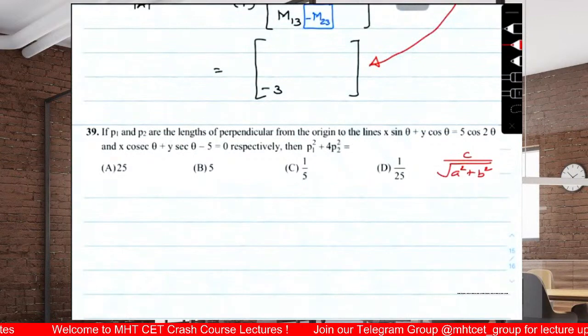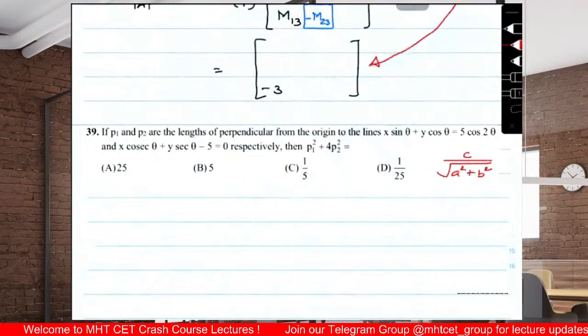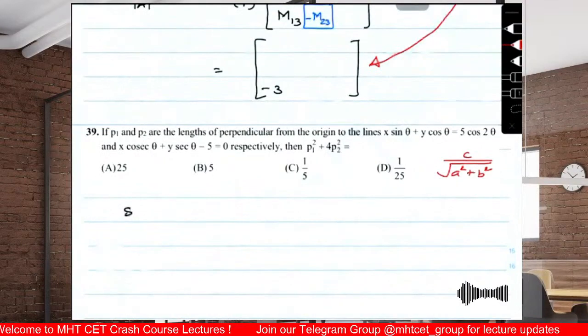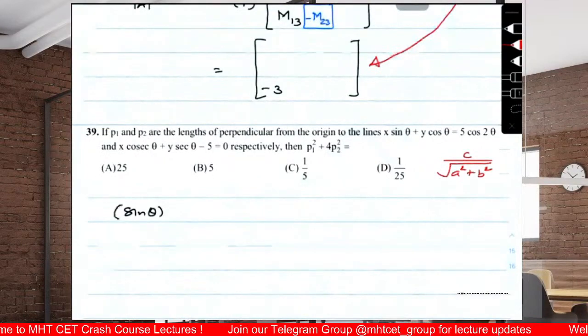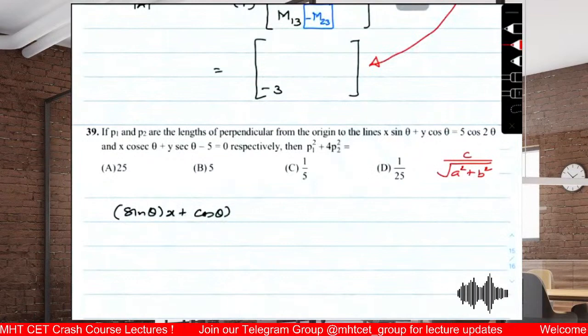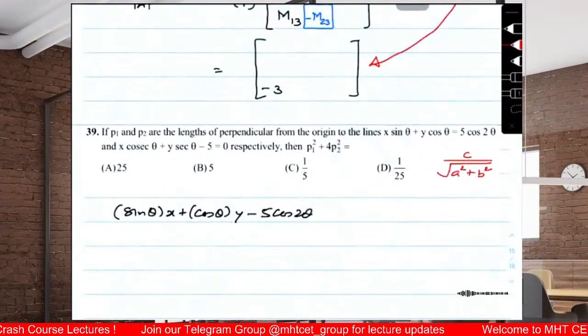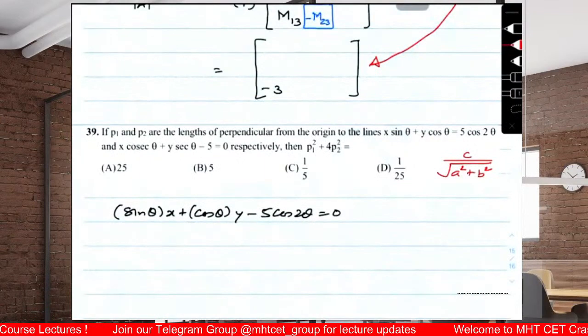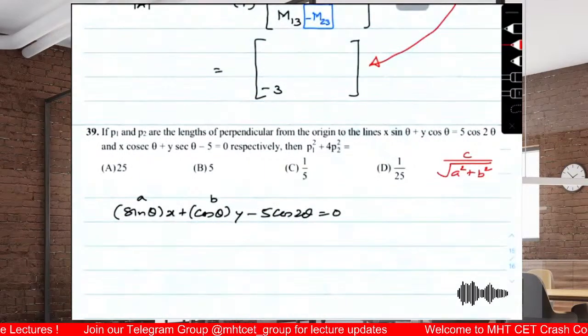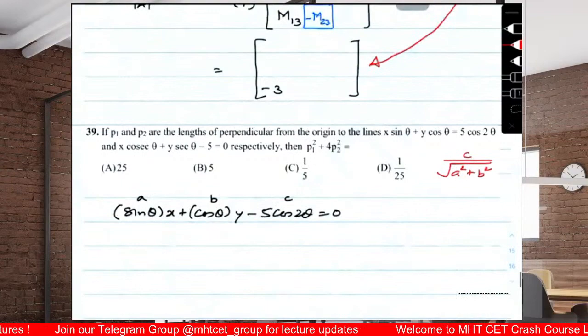Okay. So first line is, I will write it as sine theta into x plus cos theta into y minus phi cos 2 theta equal to 0. So ये A है, ये B है और ये C है first line.